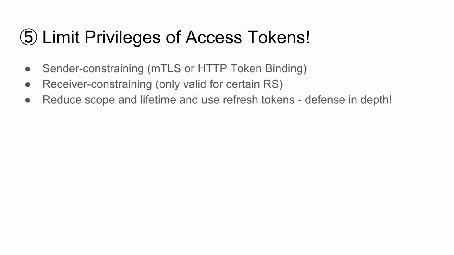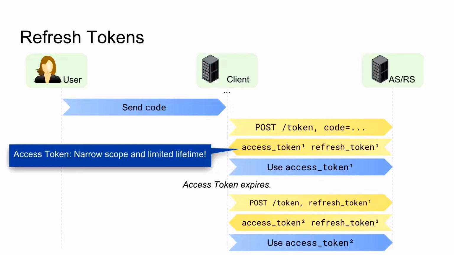To do that, you might want to use refresh tokens, which you can use in the authorization code grant. Refresh tokens are not a new concept, but they are a great concept. They are very simple: each time you get an access token, you also get a long-lived refresh token. And if your access token expires, you can use the refresh token to get a new pair of access token and refresh token.